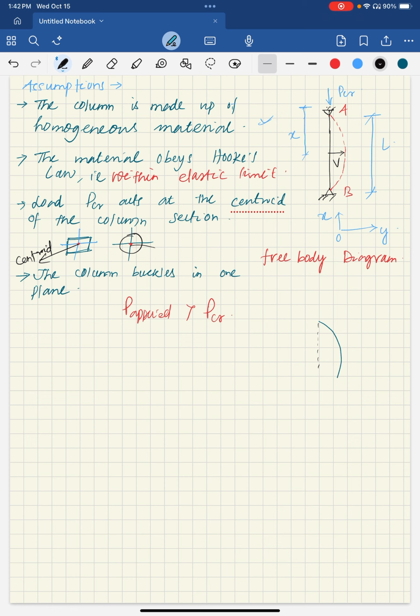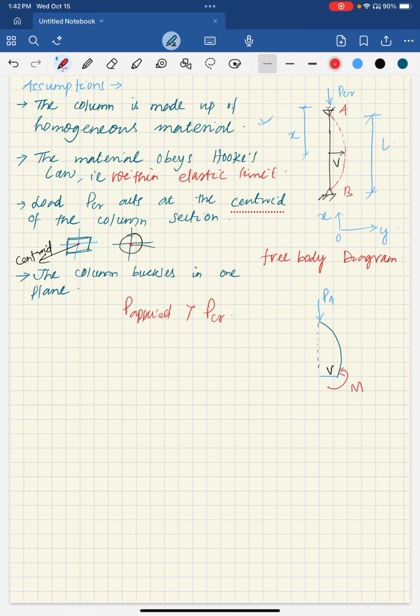We have the applied load here, let's say it's PA, the applied force, and here the magnitude of deflection is P. Now, since the column is deflected, in order to keep it in equilibrium, an anticlockwise moment is generated here.